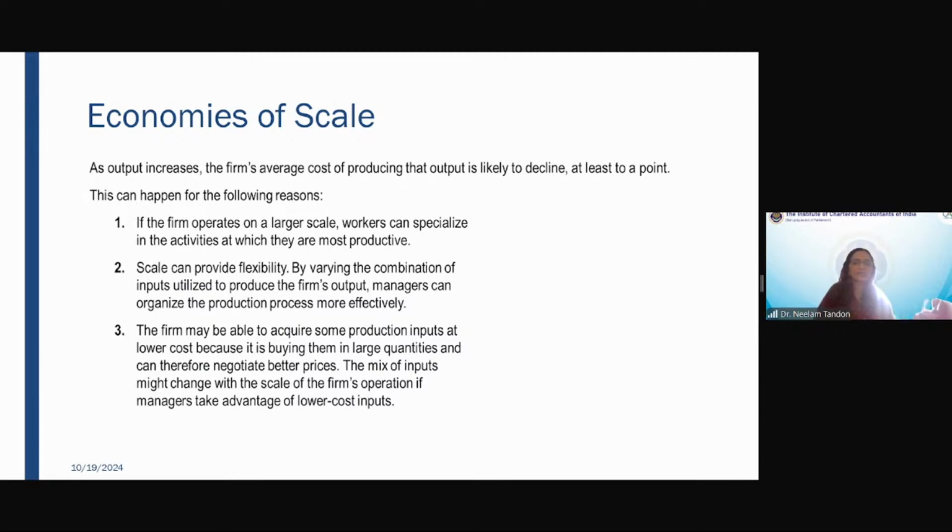Now the question arises, why is this LAC like this and then like this. This is the long-term average cost curve. This is output. And this is the envelope curve. And you know how did we get this envelope curve here?